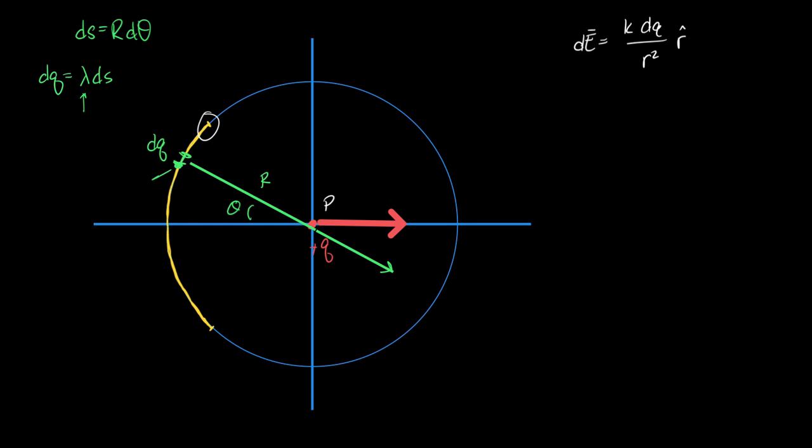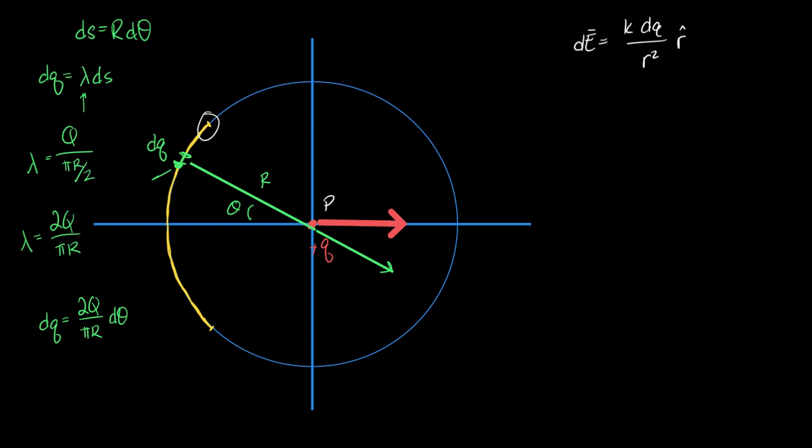So I'm going to say that my lambda is total charge divided by total length, which is pi r over 2, or lambda is 2q over pi r. Does that seem okay with you guys? Excellent. So bringing all the pieces together, I have dq equals 2q over pi r d theta.